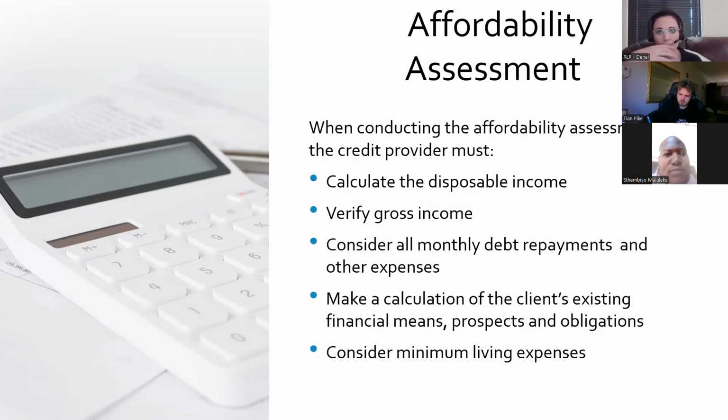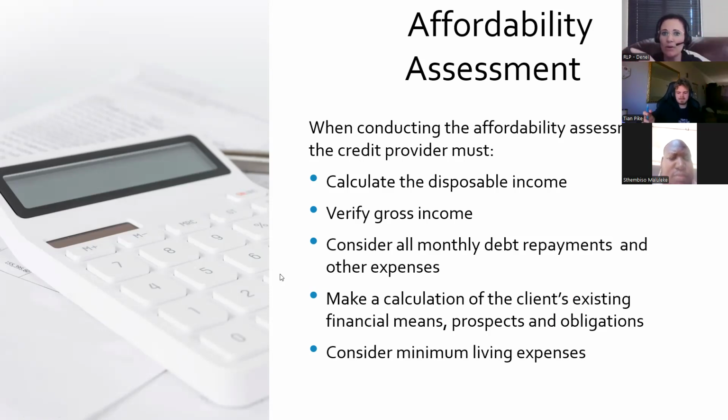Okay. So then when conducting an affordability assessment, it's the job of the credit provider to firstly calculate the disposable income, to see whatever the consumer has left after paying all of their bills. Then they have to verify the gross income. That's why they always ask for bank statements and payslips, right?